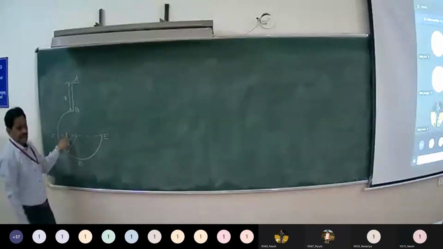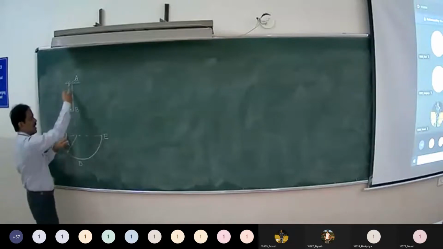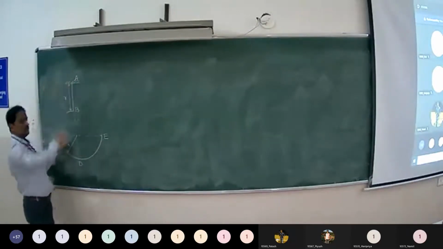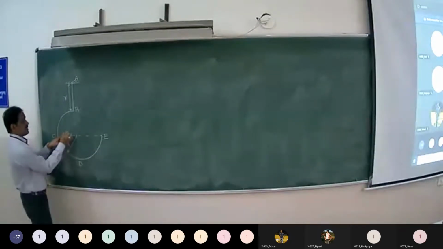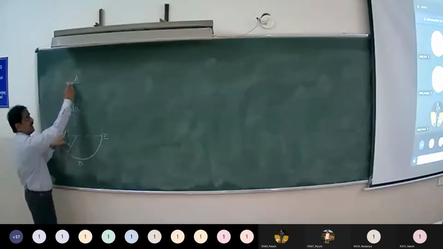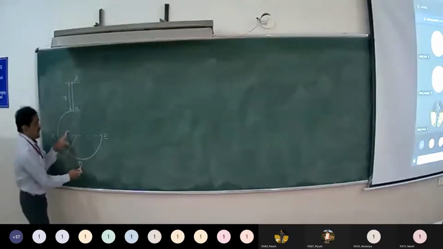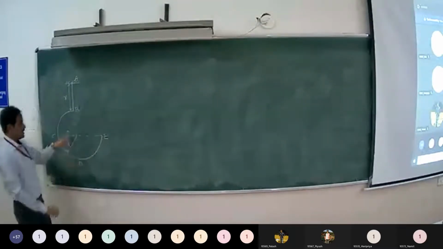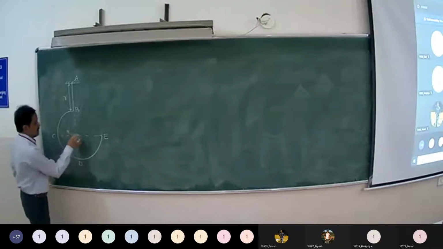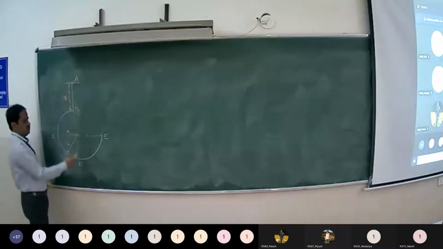But we know that when a body is suspended freely from any point, the center of gravity of the body will be located on the vertical line passing through the point of suspension. So when you remove this, the center of gravity shifts towards the left. But when it is suspended, point A and this center of gravity must lie on a vertical line. This means the bend will swing towards the right, so that the center of gravity comes in line with the vertical line passing through point A.